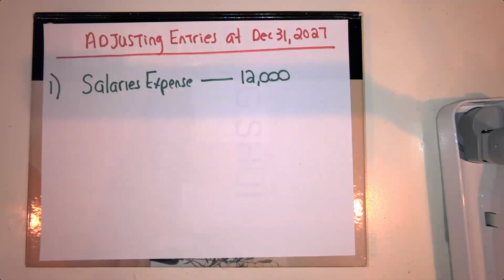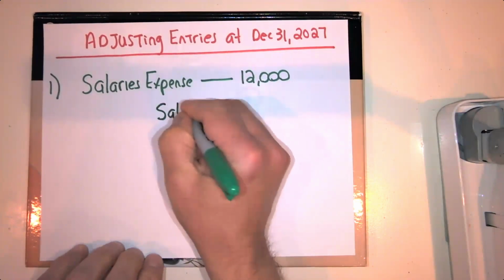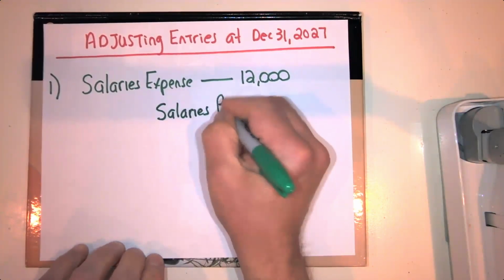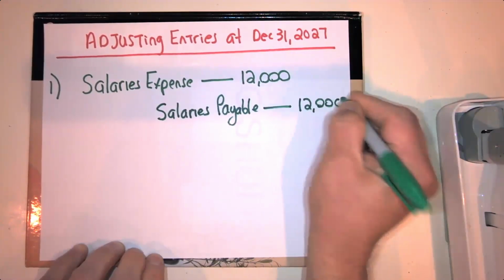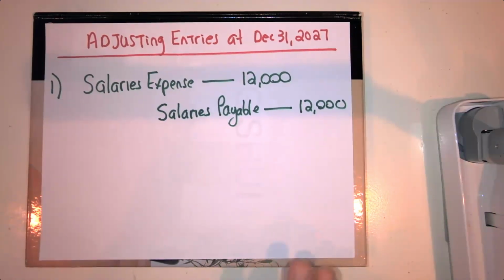Here, I think it is more appropriate to use salaries payable. Salaries payable represents money that we owe to our workers. So we'll credit our liability to record the liability, $12,000. And that's an adjusting entry. First one I think was kind of straightforward. But are there any questions on what we did here?